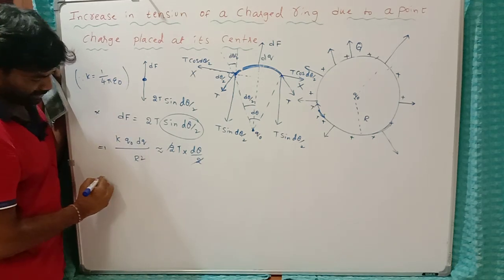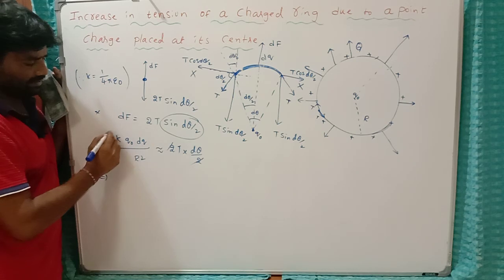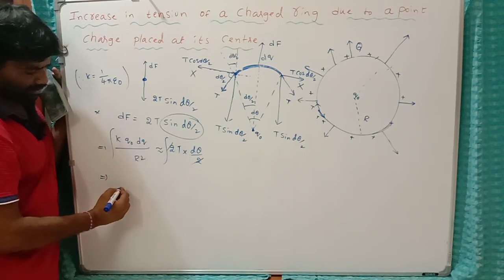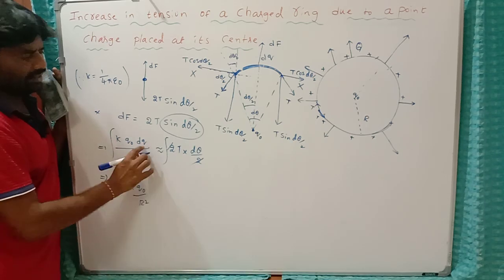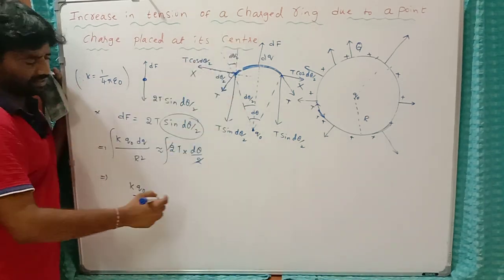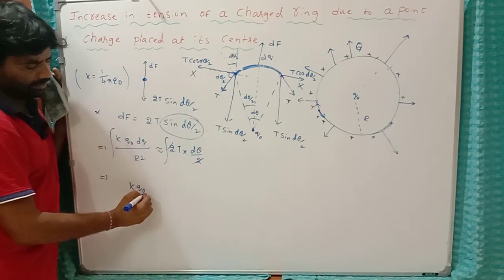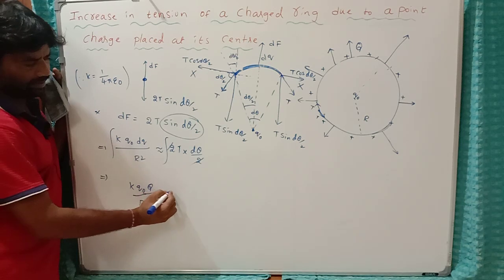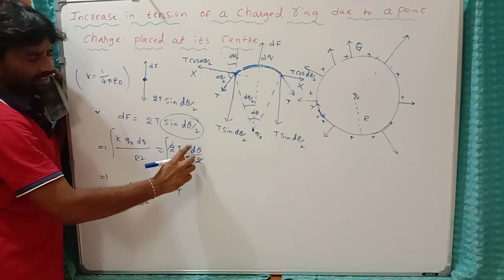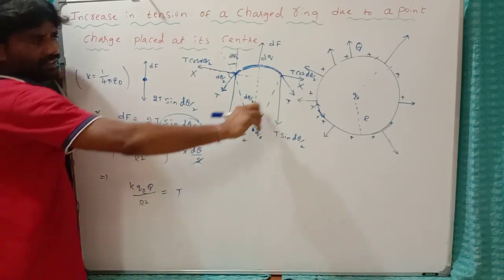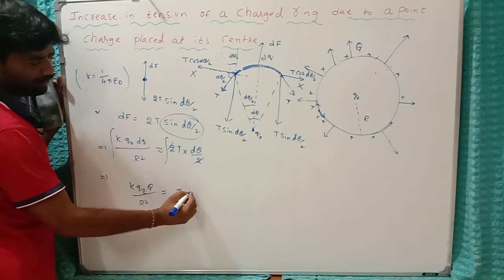This is the equation. So integrating on both sides, it gives k Q naught by r square times the integration of dq, which gives the total charge of the ring, capital Q. And T is constant, the same everywhere for all the elements. The integration of d theta is theta, the total angle subtended by the ring at the center, that is 2 pi.